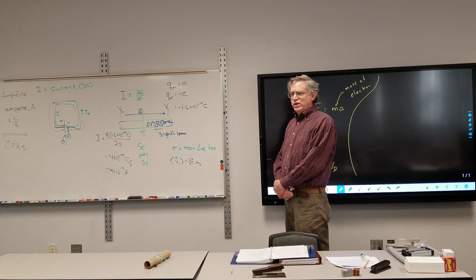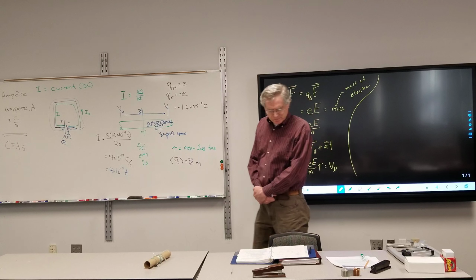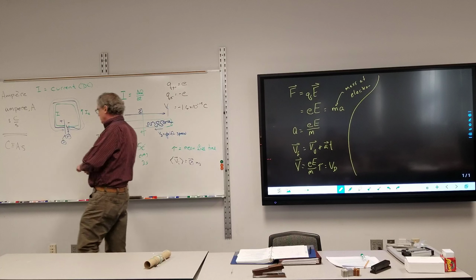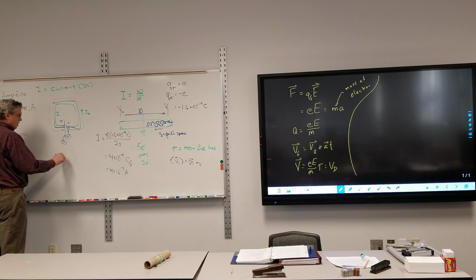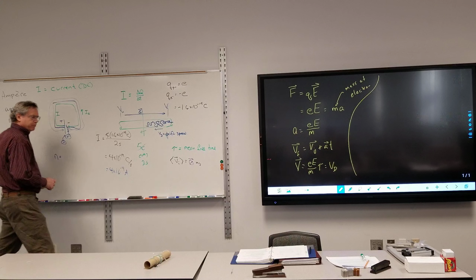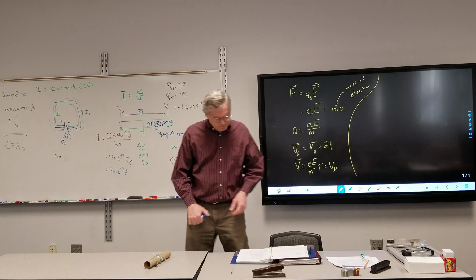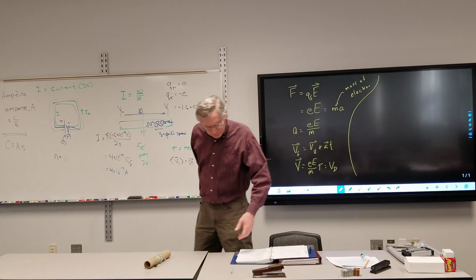How many charges are moving? So I'm going to find N as the free charge. For some reason that I'm not striking, these mobile charges.